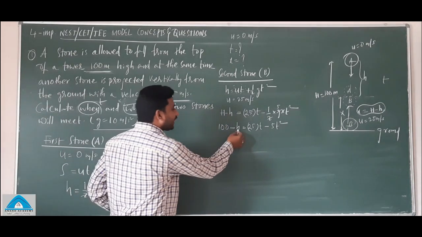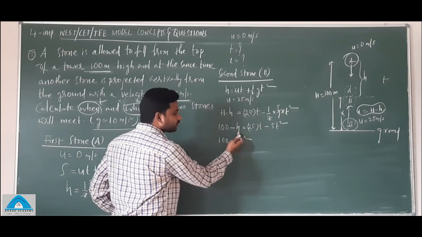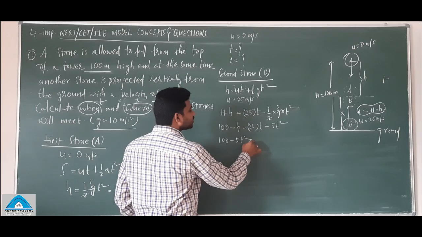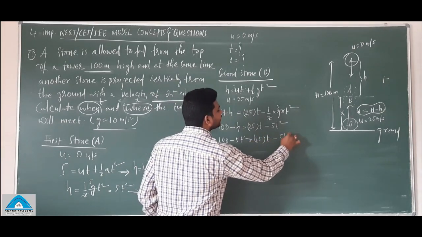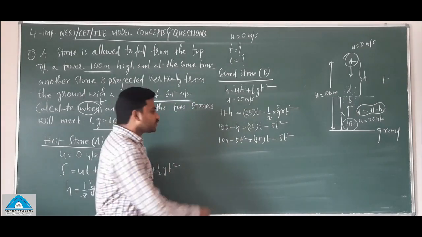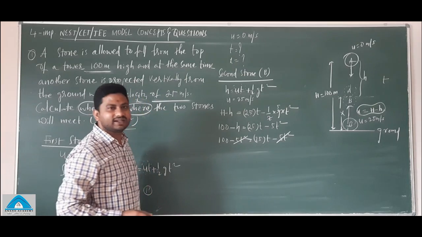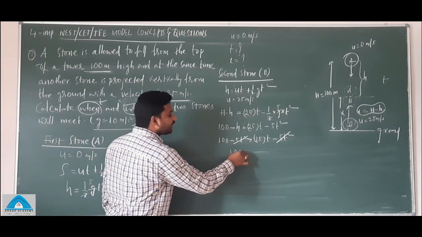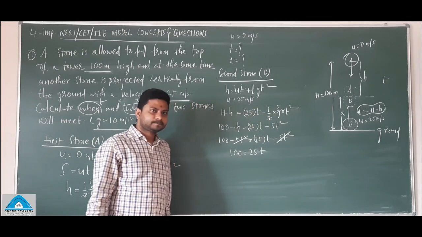So this is 100 minus 5t square is equal to 25 into t minus 5t square. So minus 5t square and minus 5t square cancel here, and you can write 100 is equal to 25 into t.